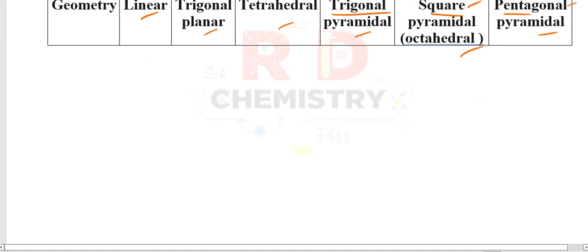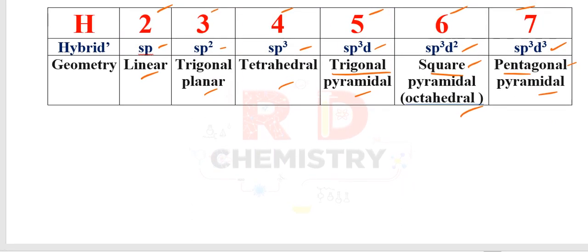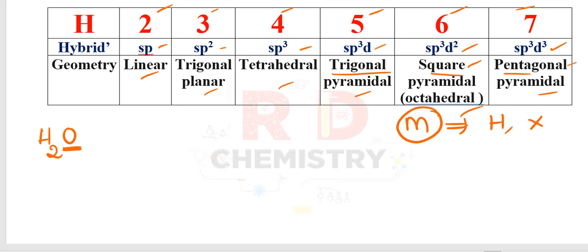Let's take some examples now. I'll start with the simple example. Let's take water, H2O. You have to identify oxygen as the central atom and hydrogen as monovalent. What are the monovalent elements? Monovalent elements are hydrogen and all the types of halogens, right?